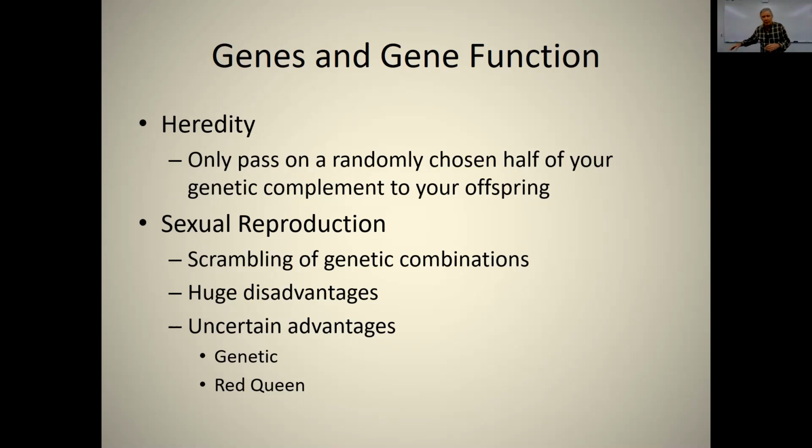The Red Queen hypothesis, though, is what's thought to be the main reason why sex is so prevalent and so important. And that is to keep ahead of our pathogens. The coronavirus is a good example of this. Most pathogens, let's look at bacteria rather than viruses.